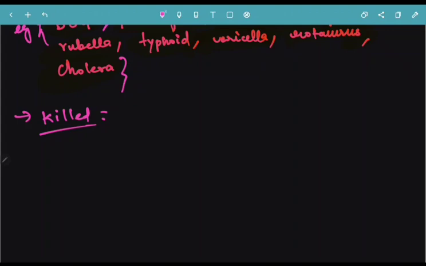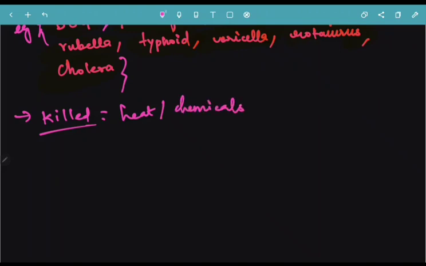The virus or bacteria are grown in the culture media and then inactivated, either by heat or by chemicals.